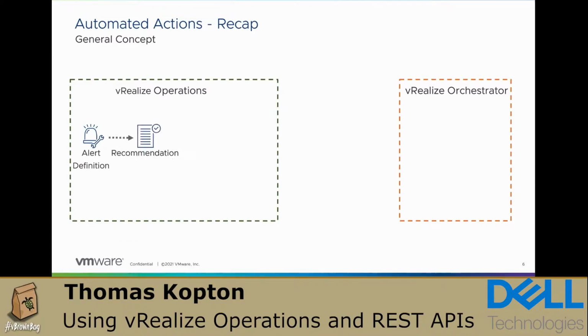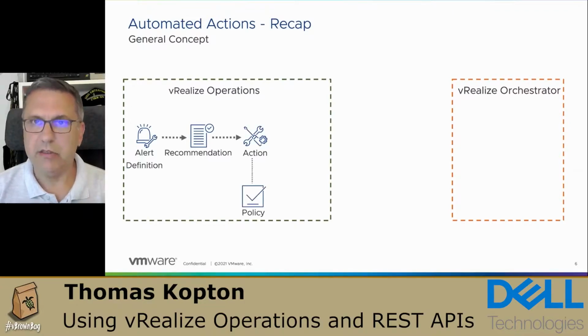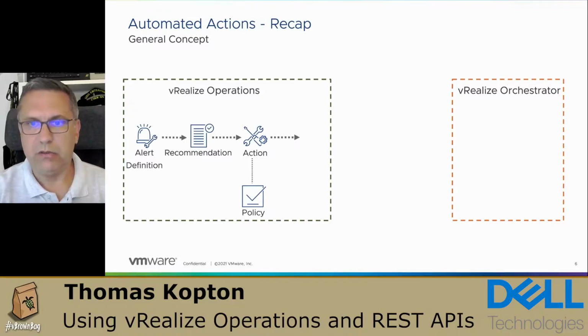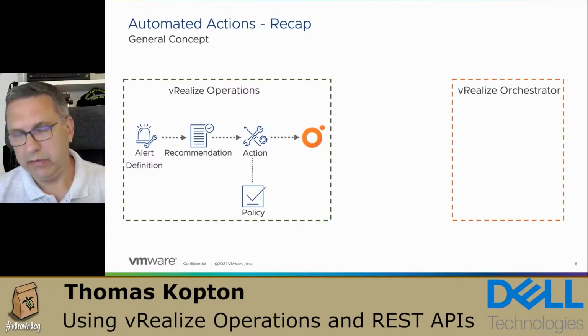The alert definition may contain a recommendation. This recommendation itself may contain an action, and this action can be enabled in a policy to be automatically triggered. And this action is either a vCenter action, or if you install the orchestrator management pack, you can basically start any workflow you have in your vRO instance.